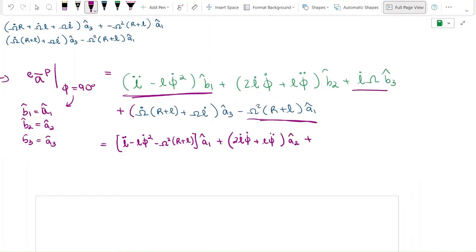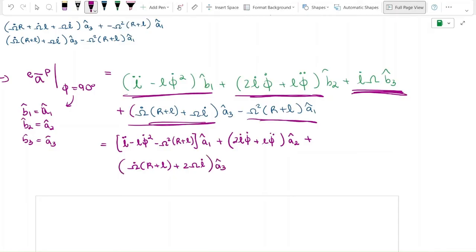And then we combine our b3 hat and a3 hat terms. So this gives us phi dot r plus L plus 2 omega L dot a3 hat. Okay, and this is our expression for the acceleration of p at e at phi equals 90 degrees.